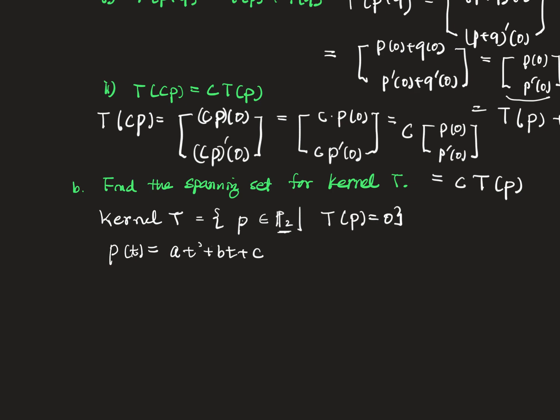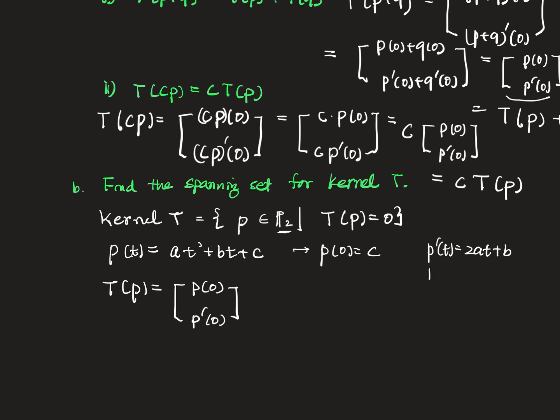Right? So what is the definition of T of P? The definition of T of P is P of 0 and P prime of 0, right? So let's find this. P of 0 is c. Let's find P prime of t: 2at plus b. So P prime of 0 is b.